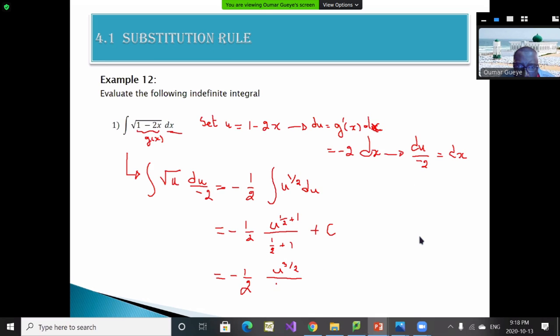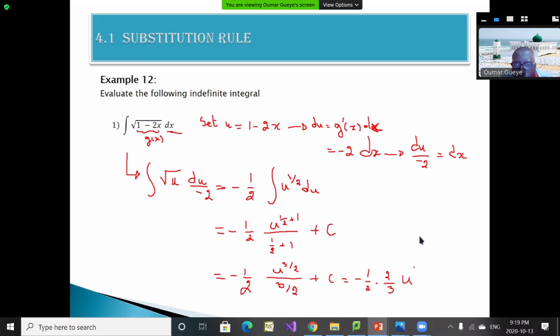So we'll get here 3 over 2 plus c. And this is equal to negative 1 over 2 times 2 over 3. Because when you divide by 3 over 2, it's the same as multiplying with the inverse of 3 over 2, which is equal to 2 over 3.